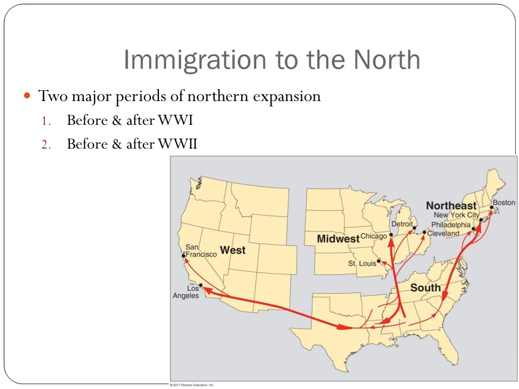Now, there were two periods of time when there was a mass migration out of the American South to the American North. And both of these periods of time coincided with world wars, both before and after World War I and before and after World War II, largely because the manufacturing centers of the North needed workers. Okay?